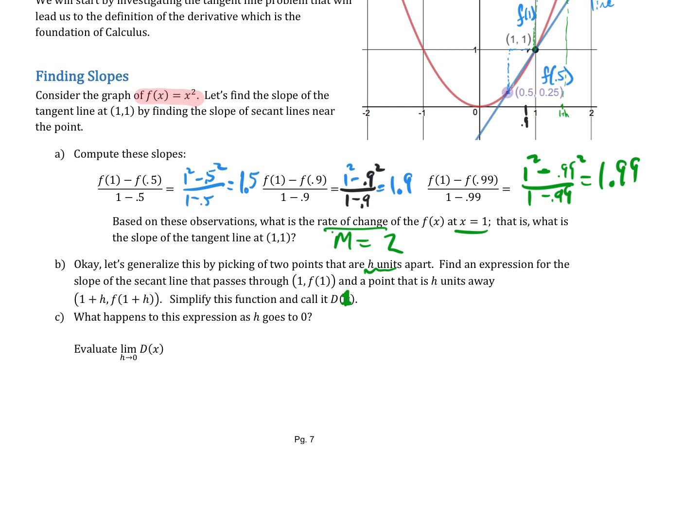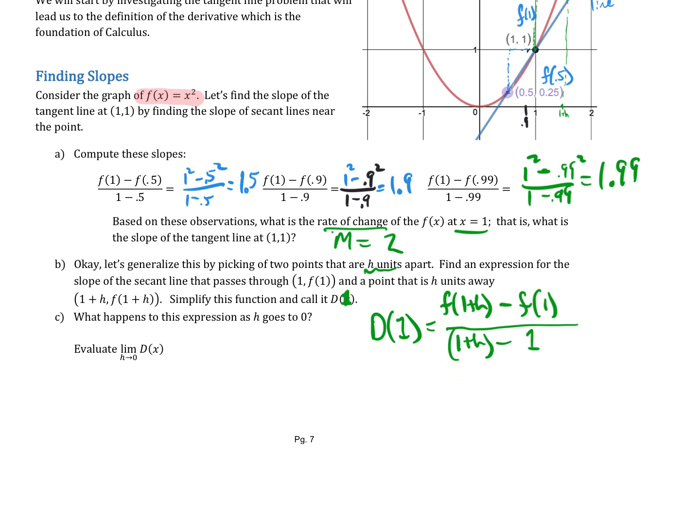So this is going to be d of 1, which is just the slope. The slope of that function is f of 1 plus h minus f of 1 all over 1 plus h minus 1. That's just y minus y over x minus x.